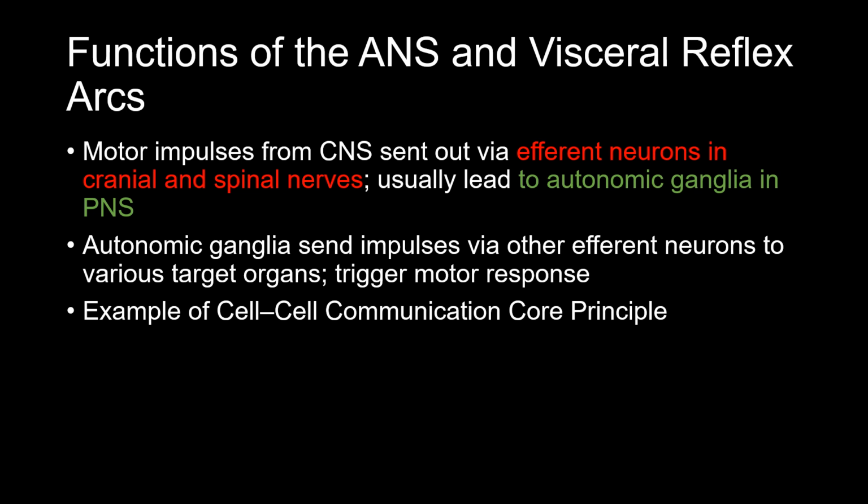Okay, and then finally that autonomic ganglia sends the impulses through different efferent motor neurons to various target organs, where they will trigger that predictable motor response in the target cells.